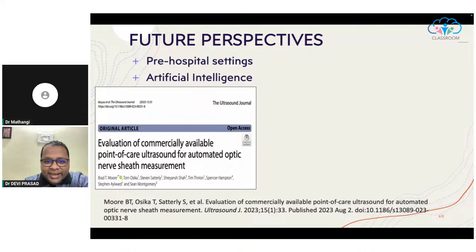Automated measurements were taken; they started with mannequins, and the same was then taken over to the patient population.